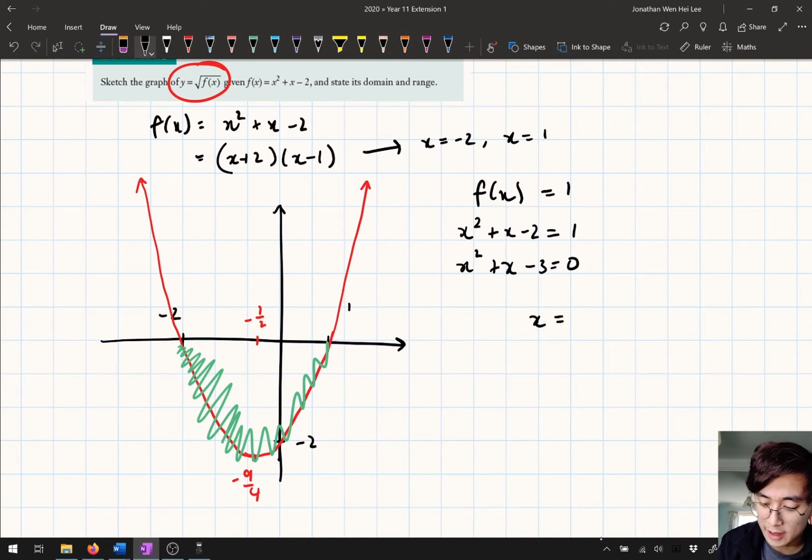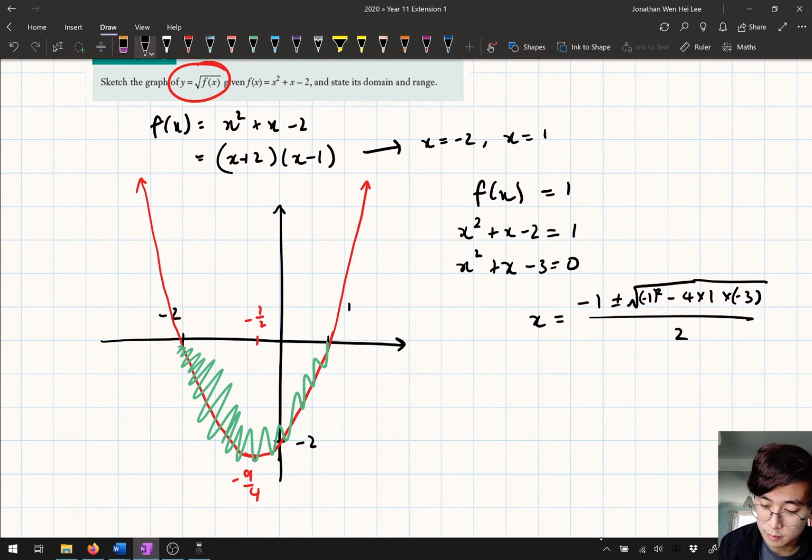So I'm going to go, well, x is equal to negative b, so negative 1, plus or minus the square root of negative 1 squared, minus 4 times 1 times negative 3, all over 2 times a. Okay, so that's negative 1 plus or minus square root 13 over 2.